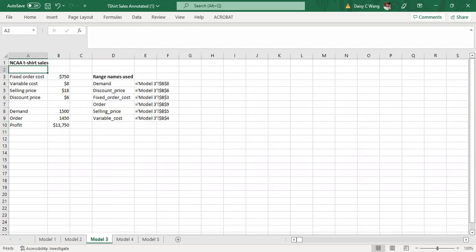So for the next level, we use something a little bit different, so it's easier. This is called range names. We give range names, for example, to this one, we will give this fixed cost. If you see here, it has the range name fixed order cost, okay?